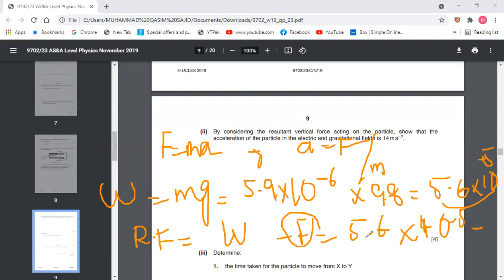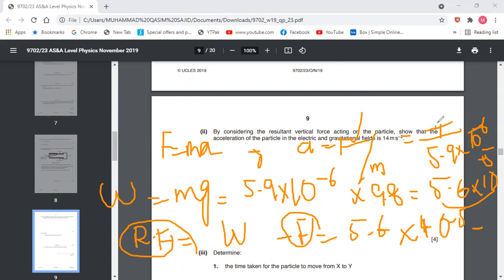So after this we find the resultant force, and the mass is the same, 5.9 into 10 raised to power minus 6. The resultant force comes out in Newton.